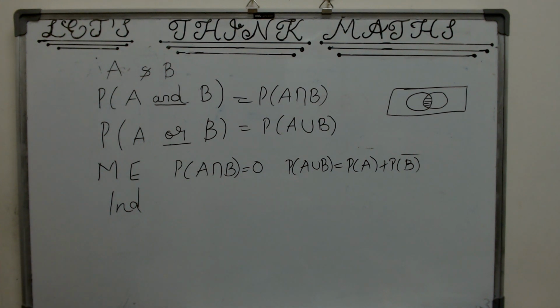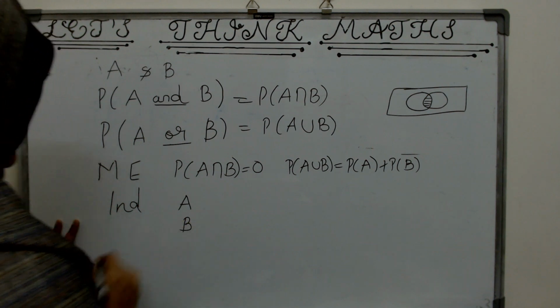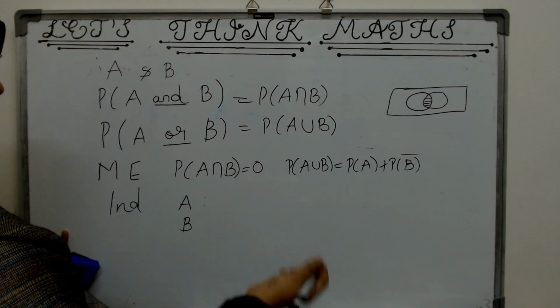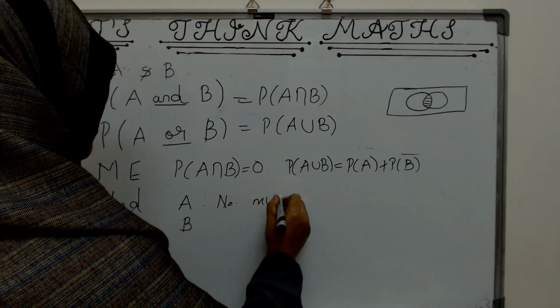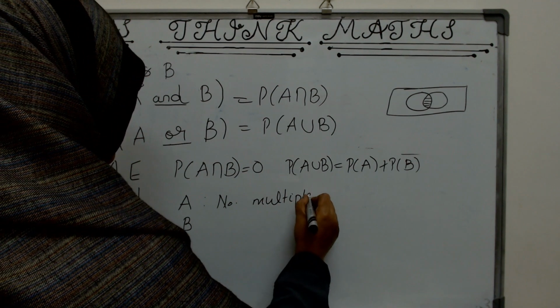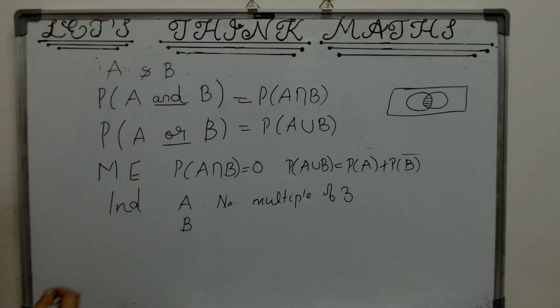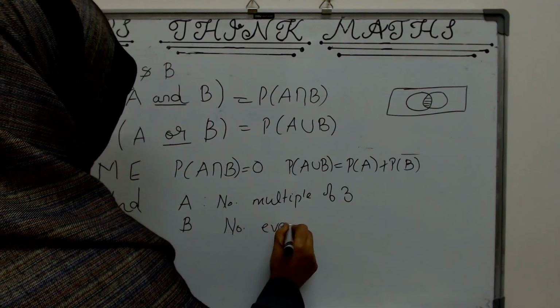Again, suppose you are rolling a die and you have two events A and B. Suppose A is the event that the number that turns up is a multiple of 3, and let B be the event that the number that turns up is an even number.